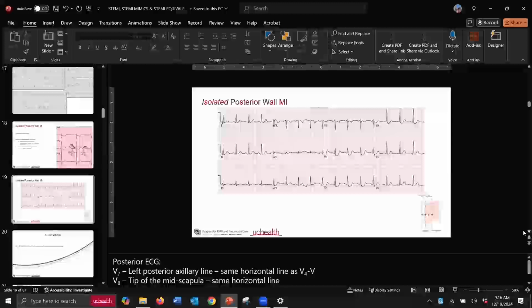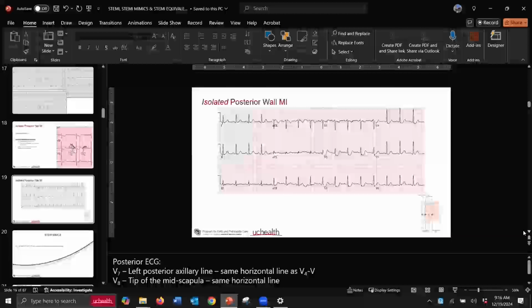Okay, so here's an example of isolated posterior wall MI. You look at this EKG, you're like, meh, doesn't look all that bad, right? I mean, there's some ST depression in V1 through V3, arguably V4, but does it look like saddle depression or carousel depression?